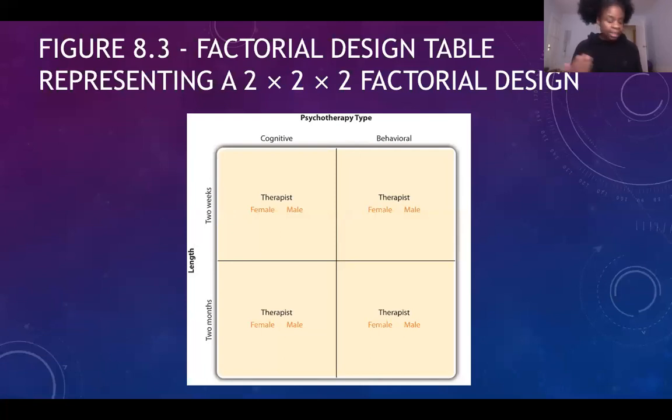Here, imagine an experiment that could include the type of psychotherapy, cognitive or behavioral, the length of psychotherapy, 2 weeks versus 2 months, and the sex of the psychotherapist, male versus female. This would be a 2x2x2 factorial design and would have 8 conditions, not 4. Figure 8.3 shows one way to represent this design.